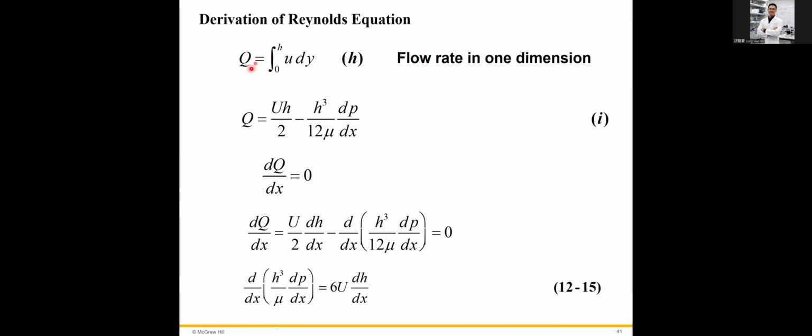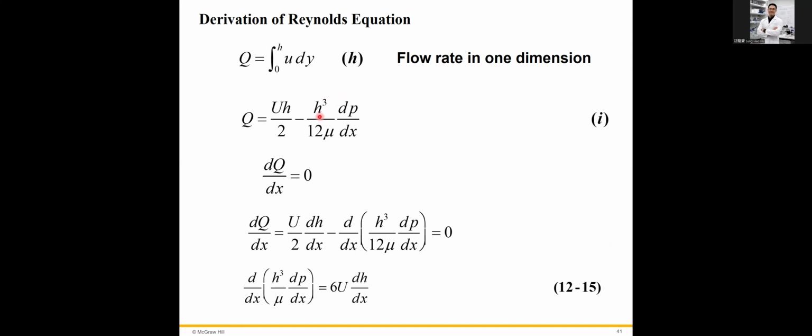So the flow rate Q in one dimension is the velocity distribution times dy, integrated over the clearance from 0 to h. And we get Q equals capital U h divided by 2 minus this term.